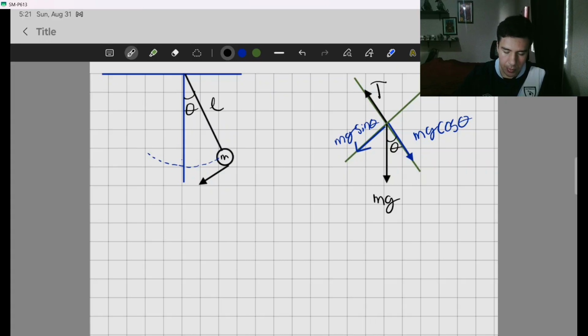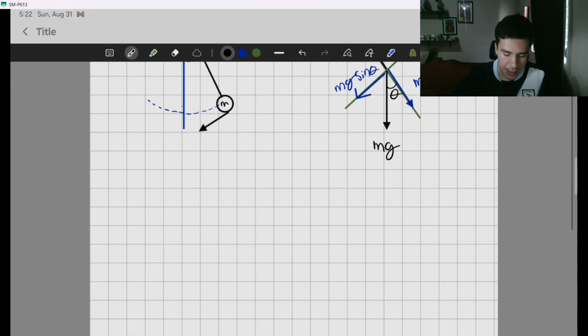Okay, so based on our diagram, this part will be considered as the x direction of how we set up our coordinates.